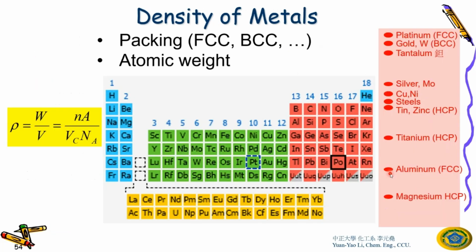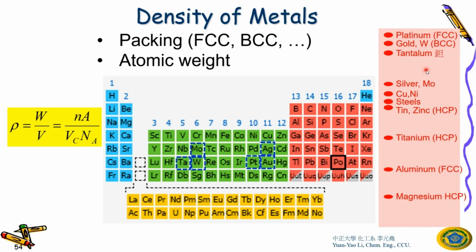Right, okay, let me show you here some of the information. Titanium here, platinum, and then gold are all very heavy metals. And silver, titanium, and then silver, tungsten, okay?